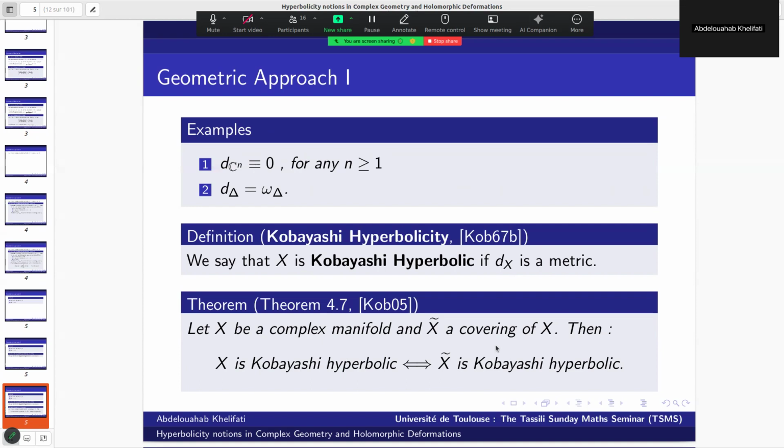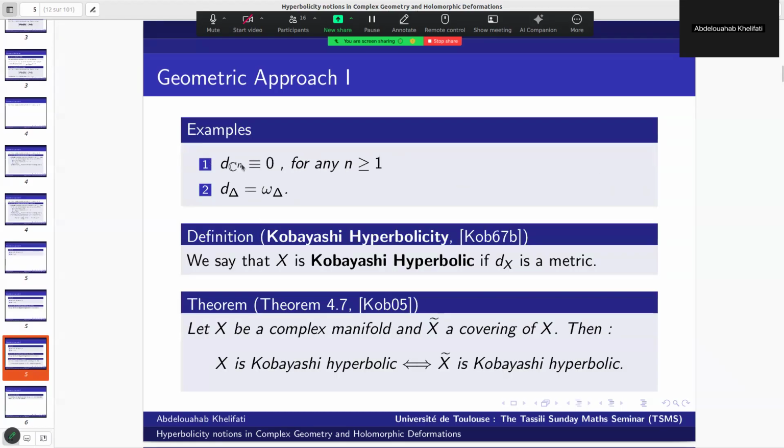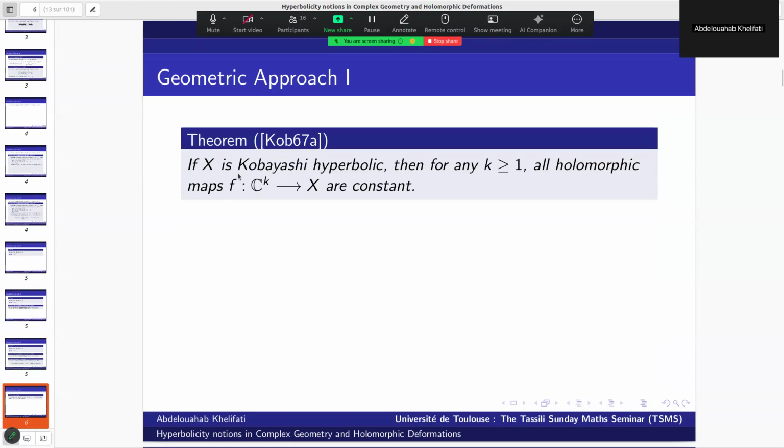So from these two examples where we have the Kobayashi pseudo distances computed, we can see that C^n is not Kobayashi hyperbolic. And it is not difficult to see that if a manifold X is Kobayashi hyperbolic, we have the following property: holomorphic maps from C^k to X are all constant.